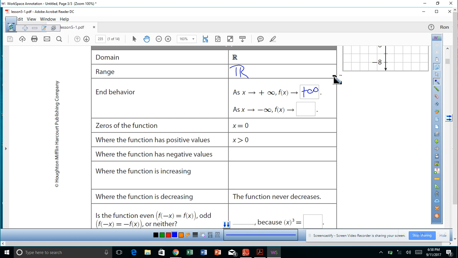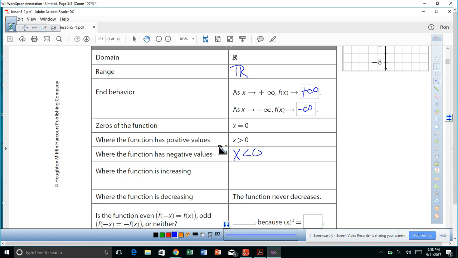It gets way high. As x approaches negative infinity, f of x approaches negative infinity. Zeros of the function, x equals 0. Where the function has positive values is when x is greater than 0. Where the function has negative values is when x is less than 0.